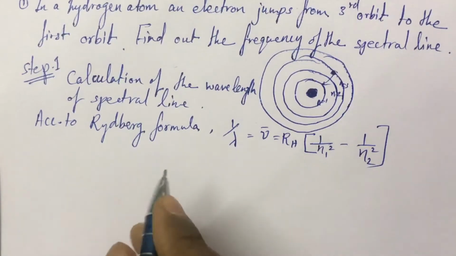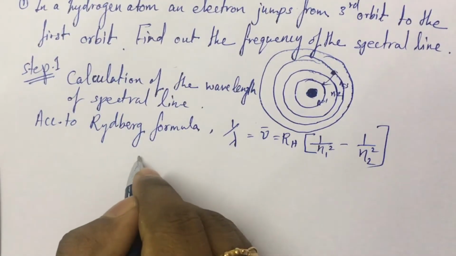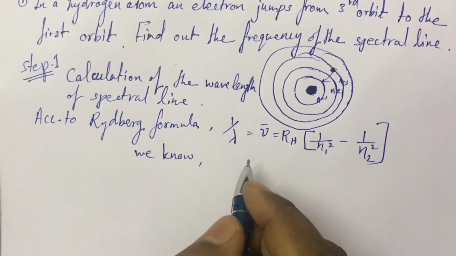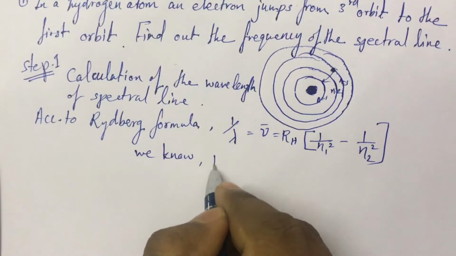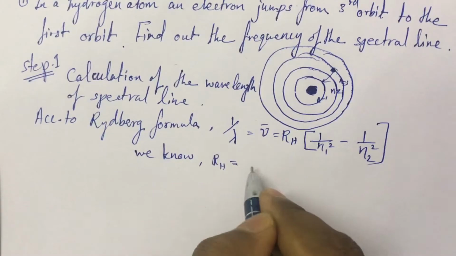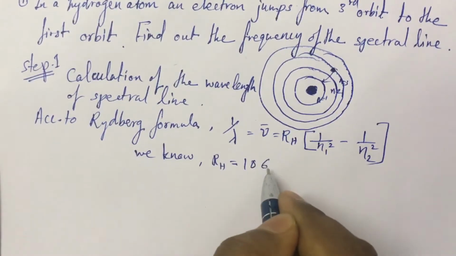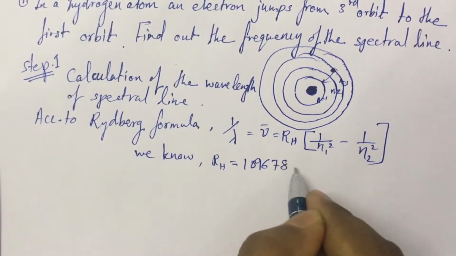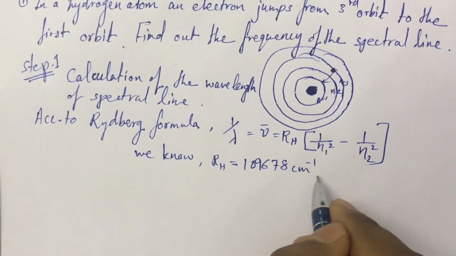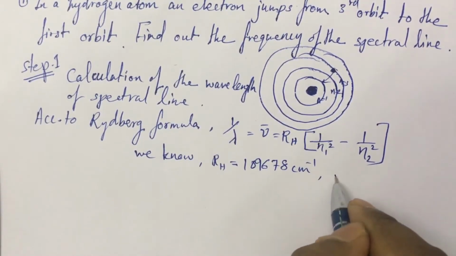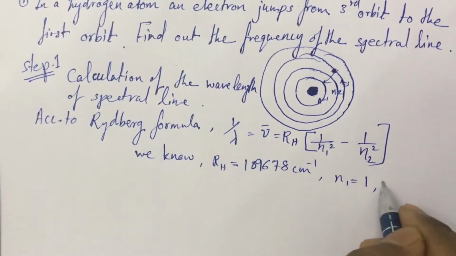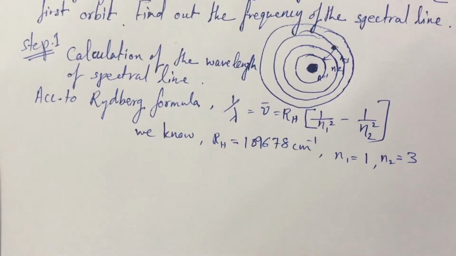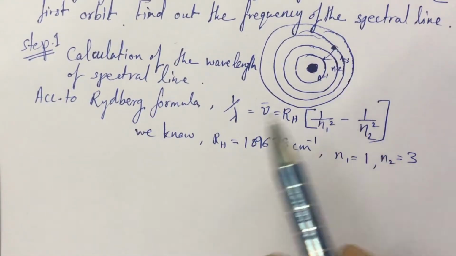We know that RH is equal to 109678 centimeter inverse, and here we have n1 is equal to 1 and n2 is equal to 3, that is, the electron jumps from the third orbit to the first orbit, correct?